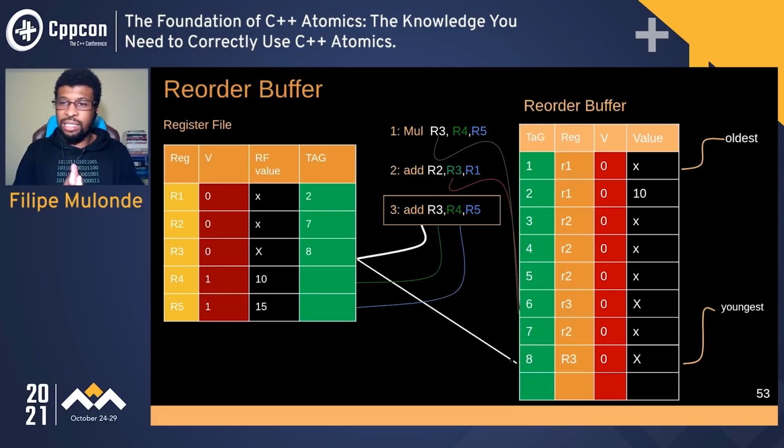Because of that, we eliminate anti and output dependencies. And for the next instruction that needs the value from register number 3, the instruction will take the tag from the register file and know that the youngest producer of the value of register number 3 can be found at entry number 8 of the reorder buffer. This is how we eliminate anti and output dependency.